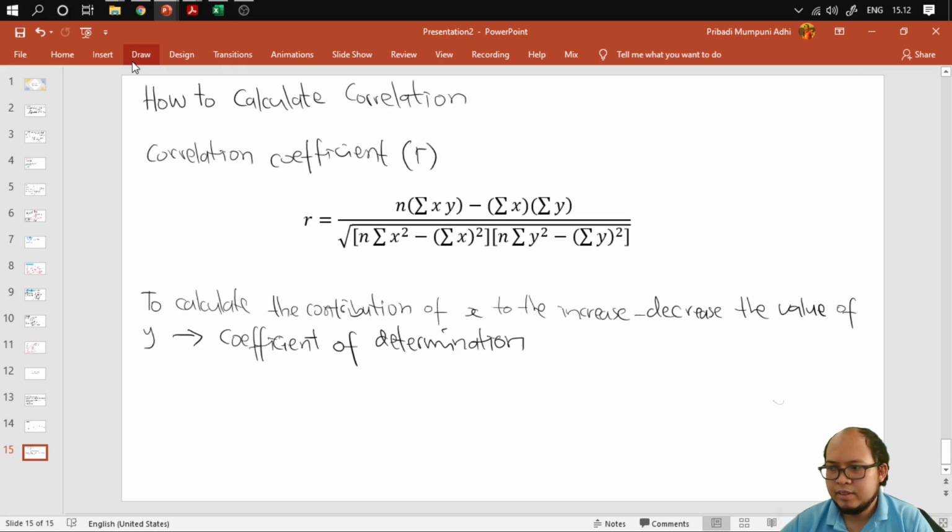This coefficient of determination is equal to the r square. So the r square is the coefficient of determination, used to calculate the contribution of the x value to the increase or decrease of the y value.